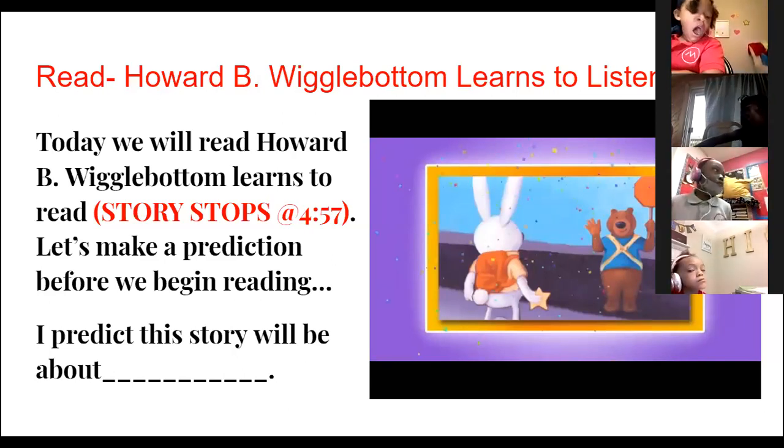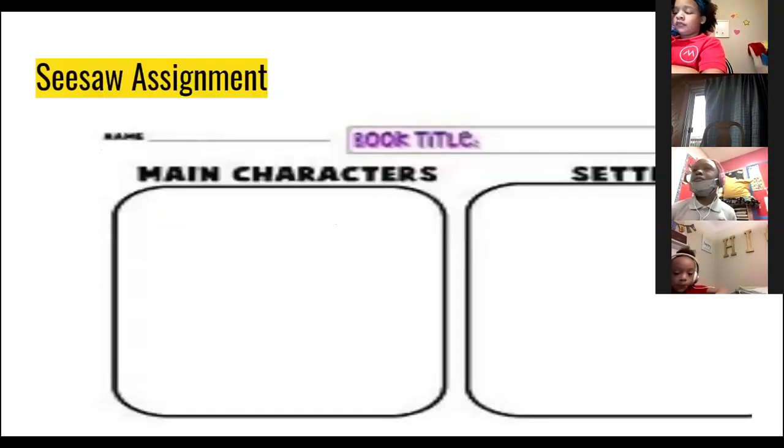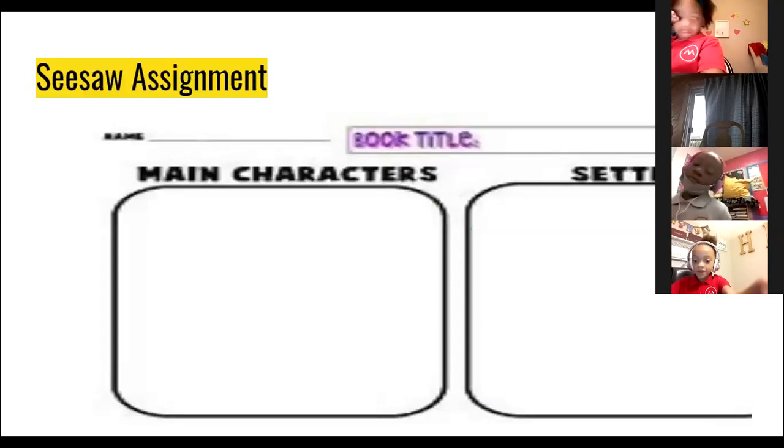So in a few minutes, when we go into small groups, your seesaw assignment looks like this. You're going to give the main characters and the setting today. Chloe, who is the main character? The rabbit. What's his name?